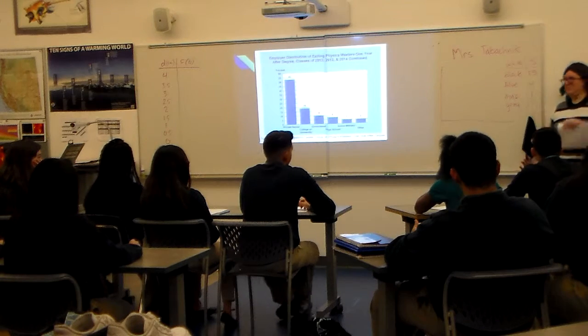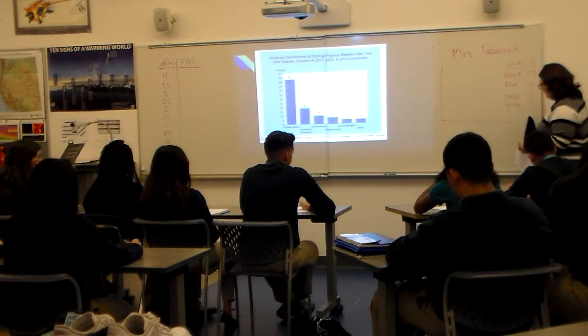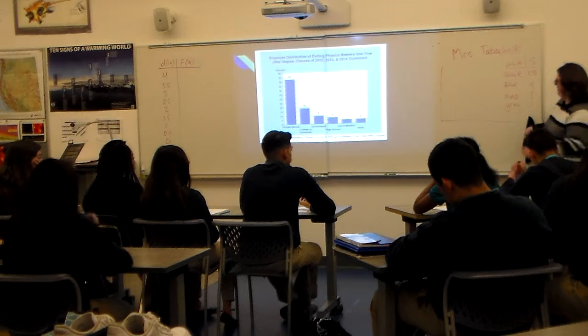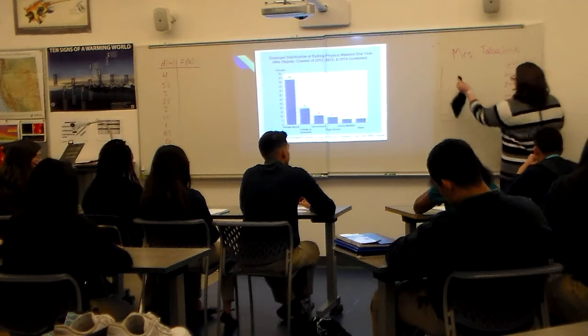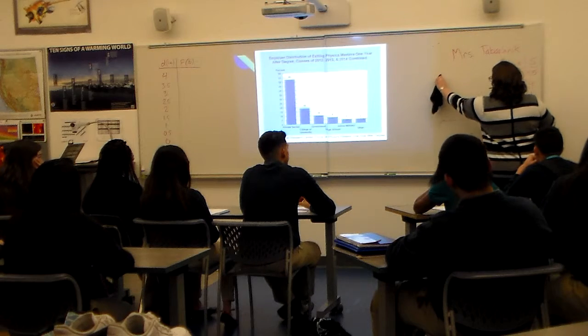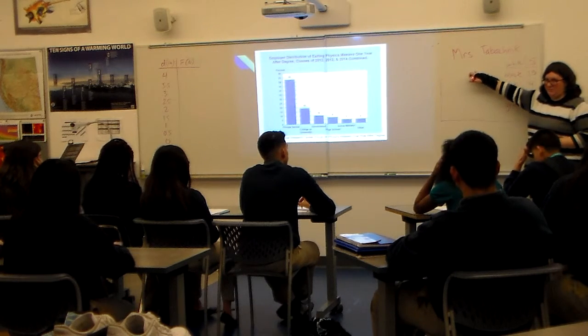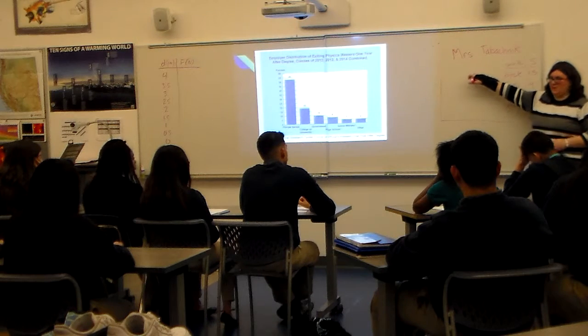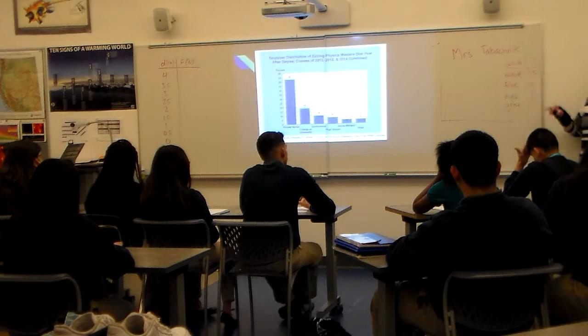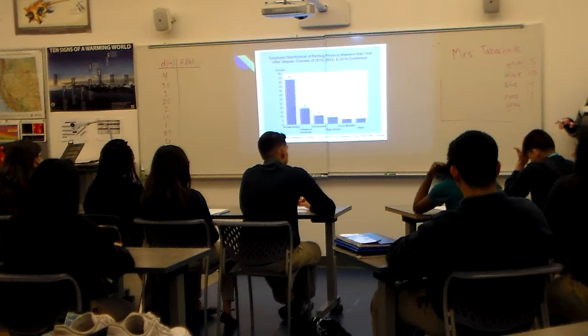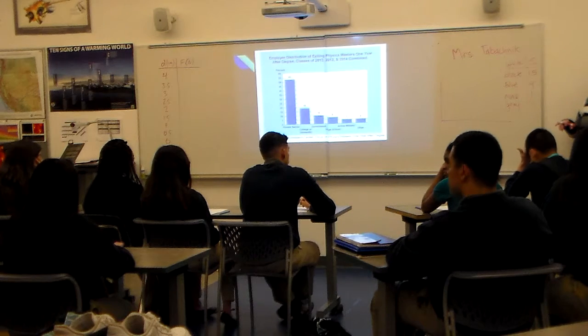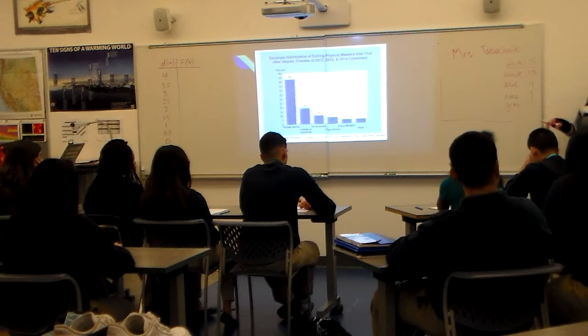No. We're good. Okay, so when we draw a graph, the first thing we're going to do always is give it a title. Because the title is the bit that tells you what's going on. So, someone want to suggest a title for me? Brave souls out there. Alright.